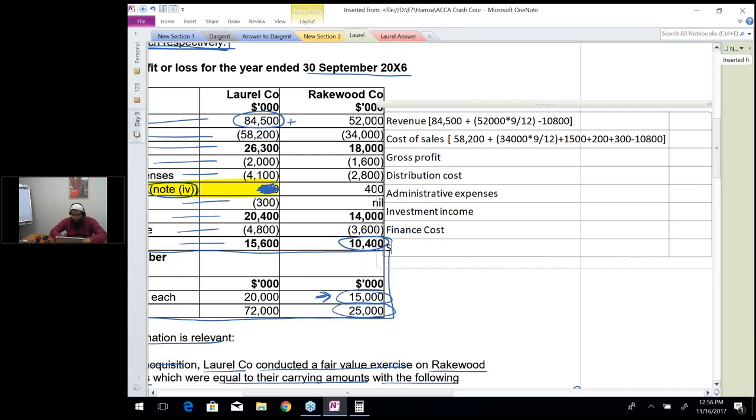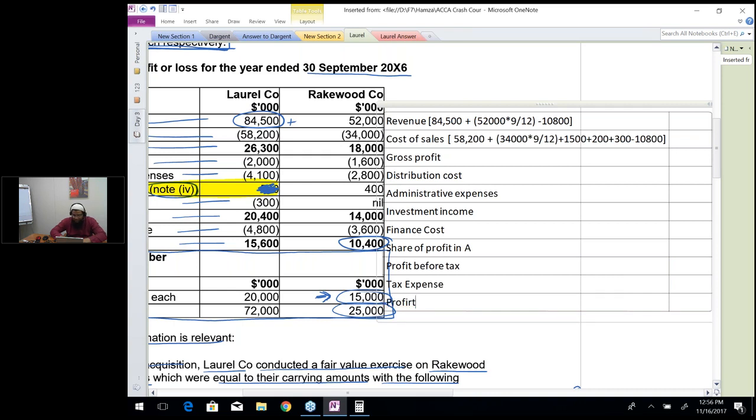But prior to profit before tax, I'm going to write share of profit in associate, and then I'm going to write the profit before tax, the tax expense, and the profit after tax. So this is the income statement.